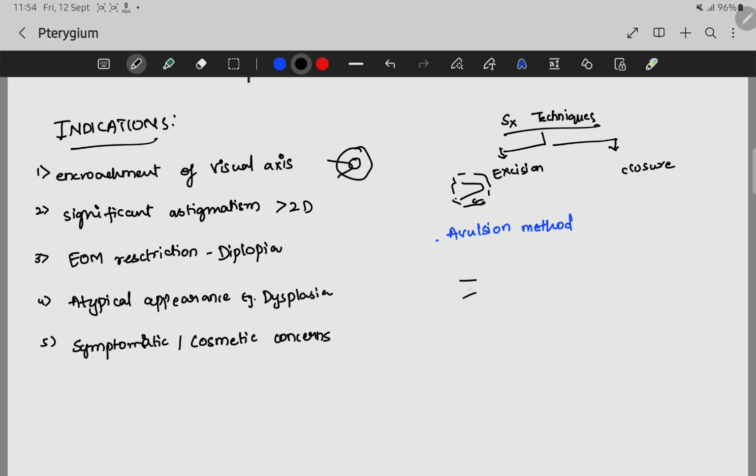Understood? So first it is removed from the sclera, and then by pulling it from the cornea it is removed. That is the avulsion method.